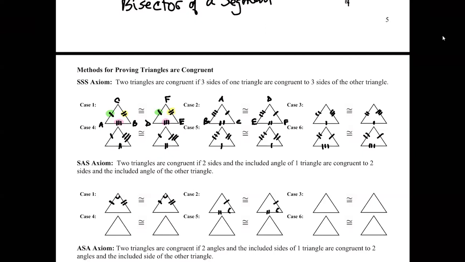We don't need a third side to be congruent here, because just by having the two sets of corresponding sides being congruent and the included angle, the angle on the pathway between those two sides, that's really enough for it, right?